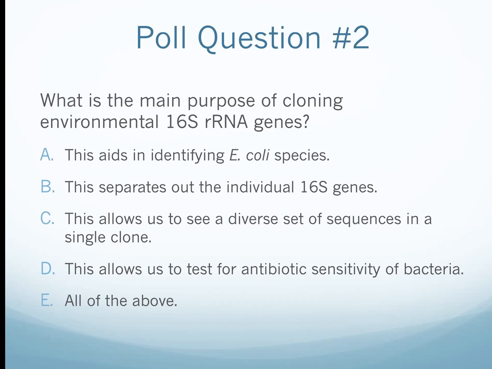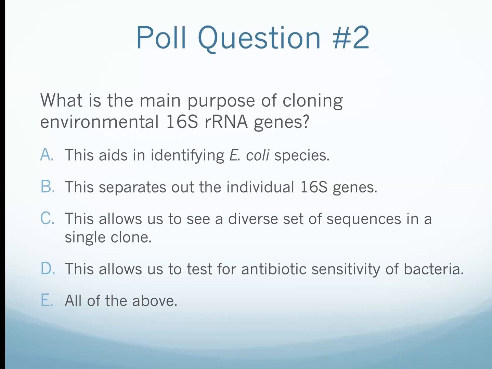Now B, a lot of you put B. This separates out individual 16S genes. That's absolutely correct, right? We said that what we're doing here, and maybe I didn't make this totally clear, was in the plasmid, when you do that ligation step, we said that we were looking for a disruption of the lac operon genes.